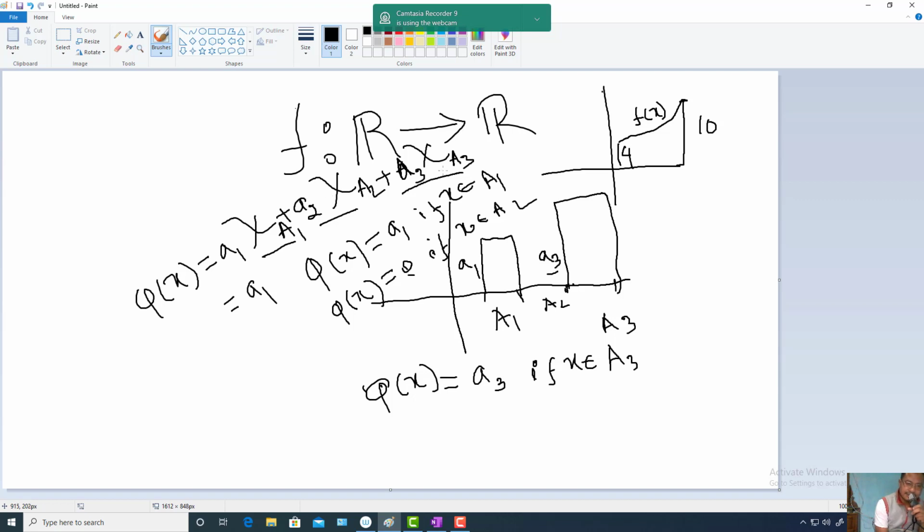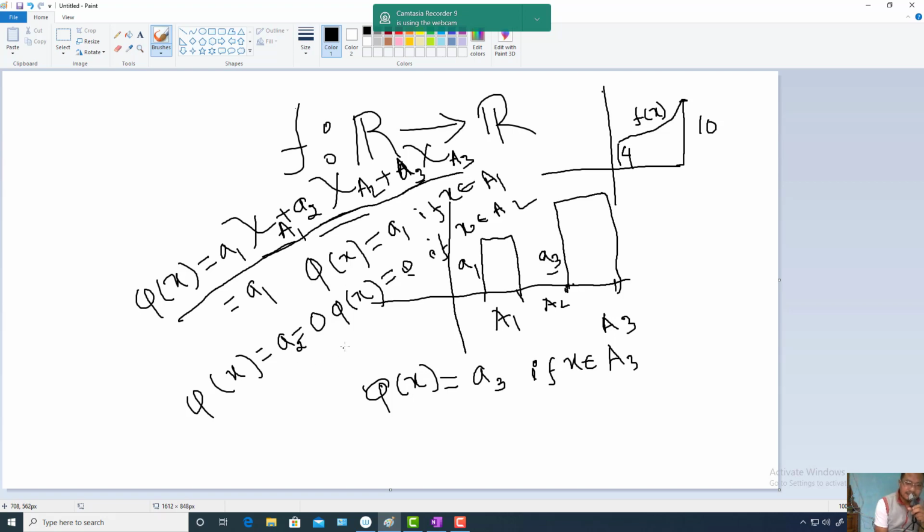And how about this one? x is not a member of A3, therefore chi A3 of x will be 0, so this part is also 0. The only thing that remains is this term. So phi x is equal to a2. It agrees with the definition of the function, with the new definition as a summation like this.